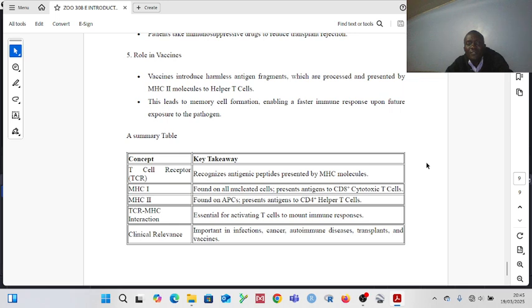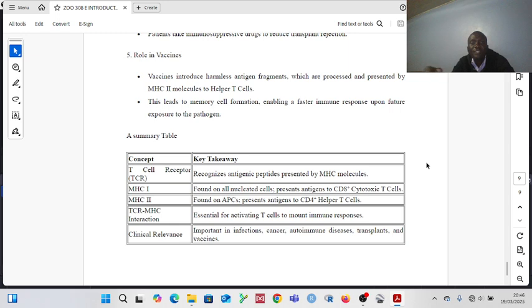Okay. Then the last importance is their role in vaccines. So with vaccines, you are introducing a harmless antigen fragment. So you introduce a disease-causing microorganism that is not harmful, cannot cause disease. Once it is introduced into your body, your cells will process it and present it using the MHC class 2 molecules to helper T cells.